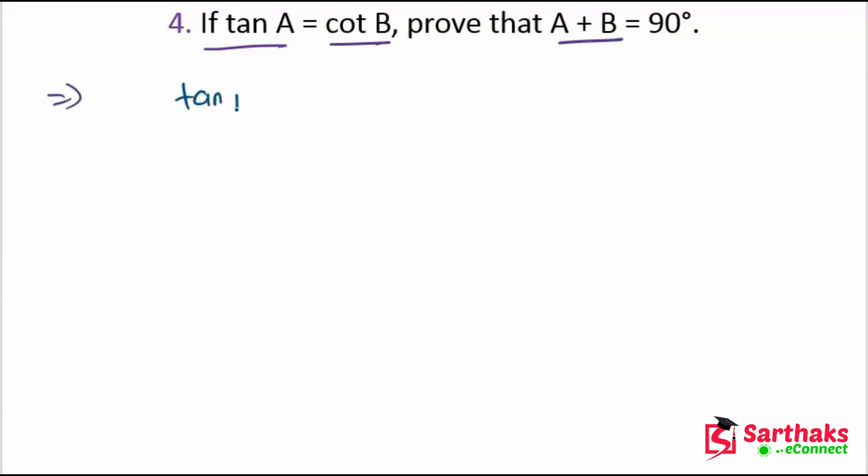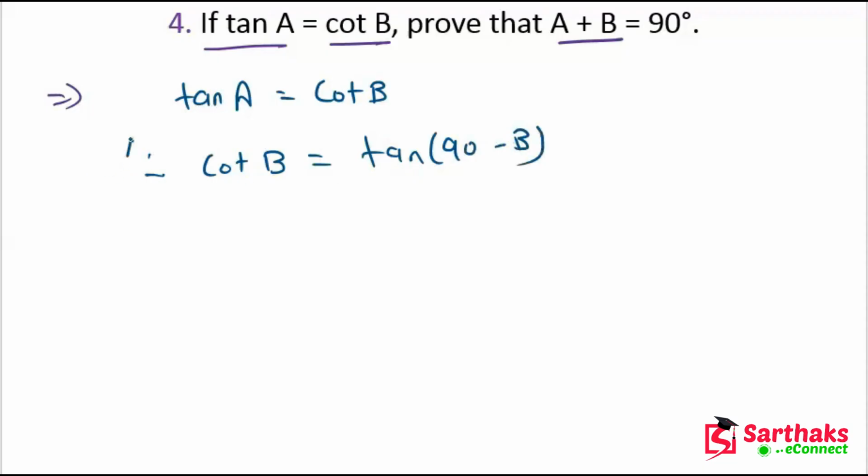We have tan a is equal to cot b. Since cot b can be written as tan (90 minus b), we know that, so tan a is equal to tan (90 minus b).